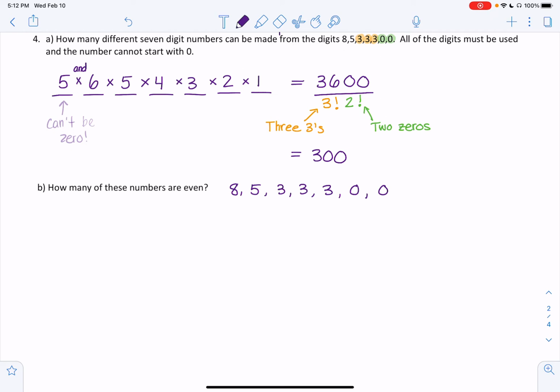If you think of all of the even numbers, they all end with an even digit if they're multiple digits long. So our number must end in 0 or 8.